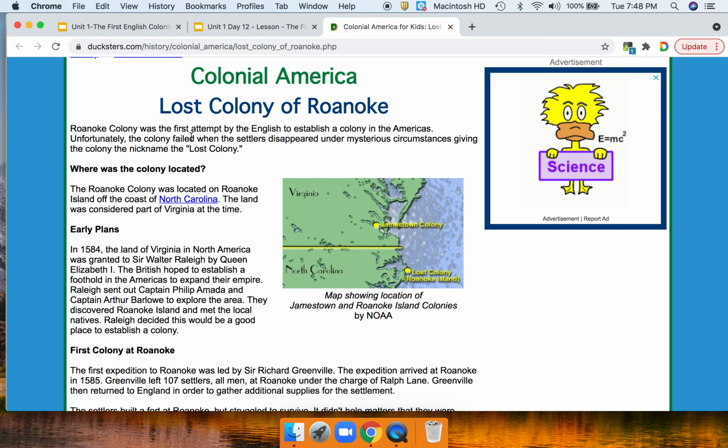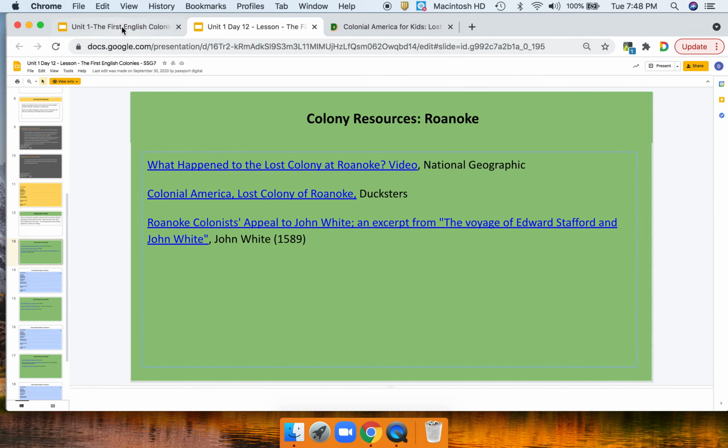Roanoke Colony was the first attempt by the English to establish a colony in the Americas. Unfortunately, the colony failed when the settlers disappeared under mysterious circumstances, giving the colony the nickname Lost Colony. Ooh, so that's our first piece of information.